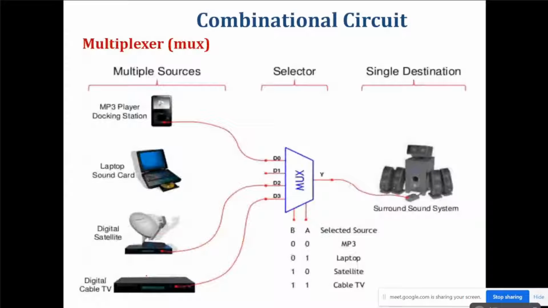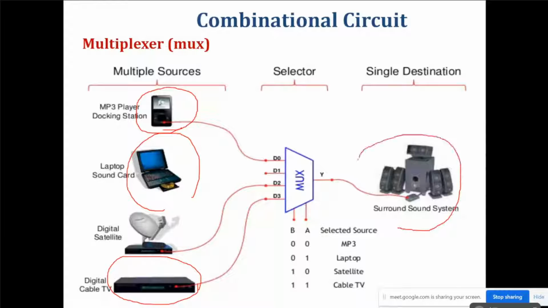Here the simple thing is that we have different devices like an MP3 player, laptop, digital satellite, and digital cable, and we need to direct one of the inputs towards the sound system.